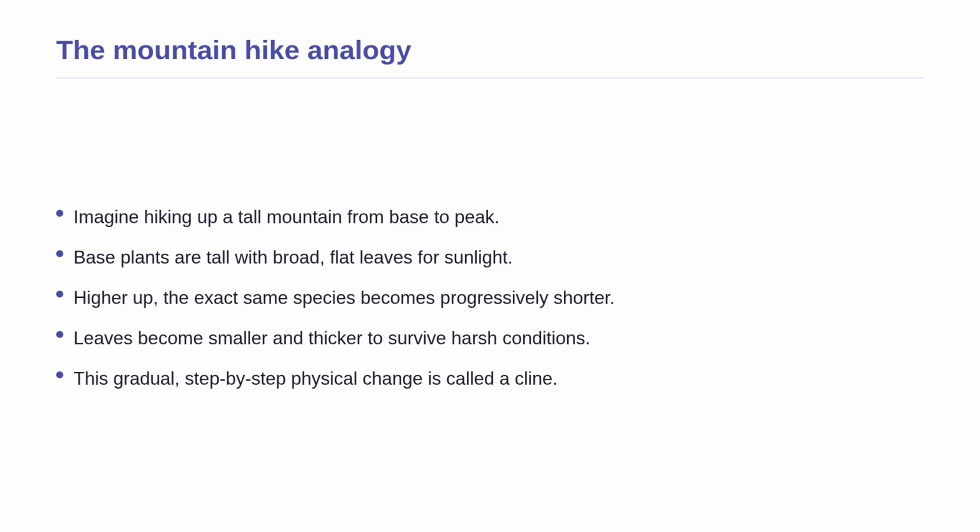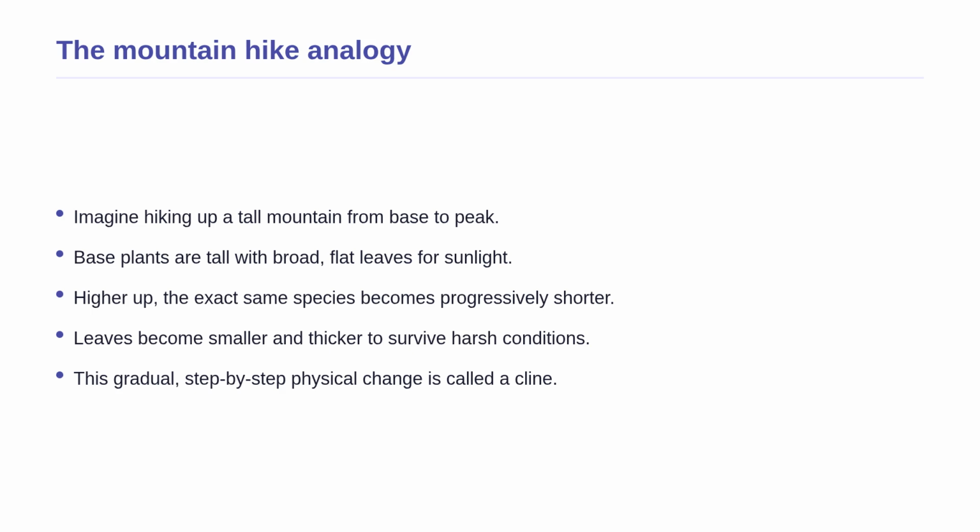Now that we have introduced our topic, let us start with a simple thought experiment. Imagine you are taking a long hike up a very tall mountain. At the base of the mountain, you notice a specific species of plant that grows quite tall and has broad, flat leaves to catch the abundant sunlight. But as you continue to climb higher, the air gets colder and the wind gets stronger.